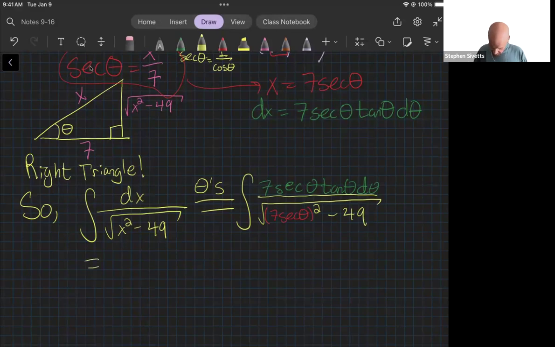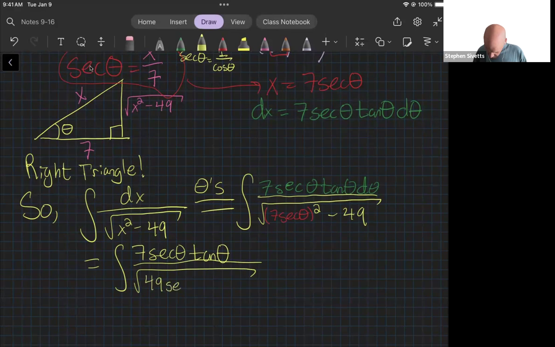So this equals 7 secant theta tangent theta divided by the square root of 49 secant squared theta minus 49.